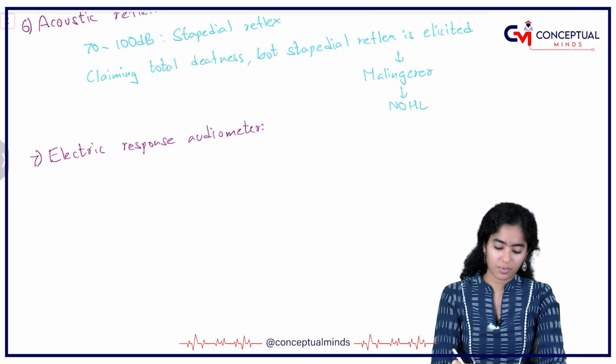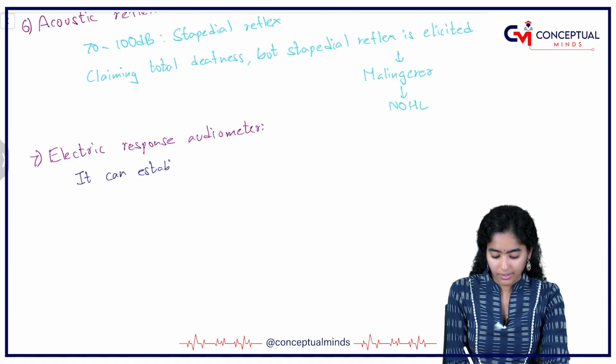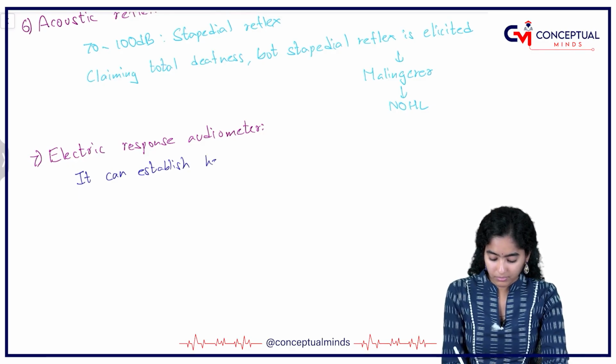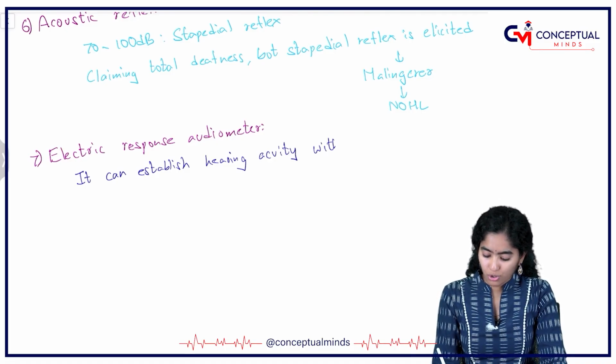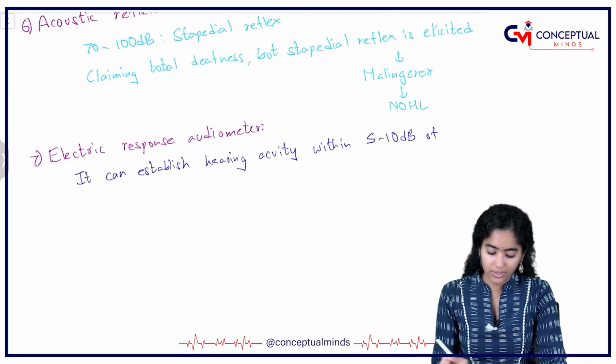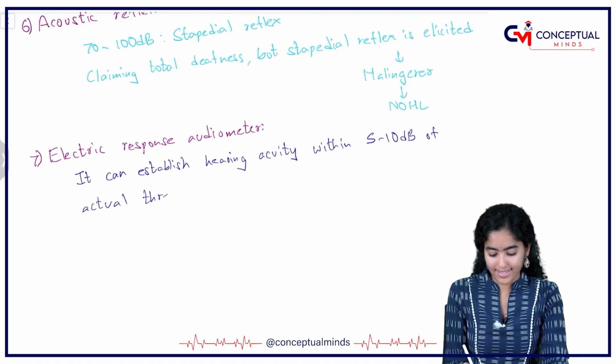Within 5 to 10 decibels, you get the result. So this test can establish hearing acuity within a range of 5 to 10 decibels of the actual threshold. It's accurate to that extent.